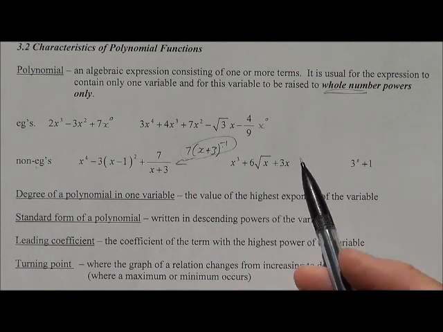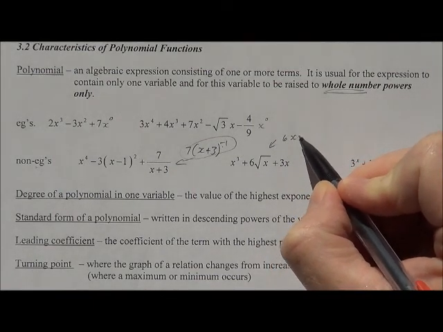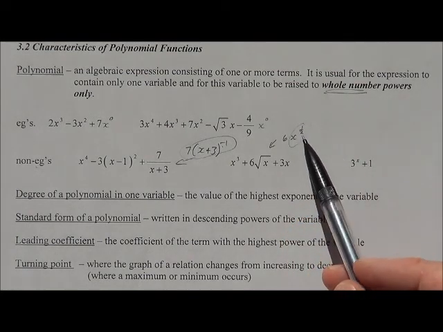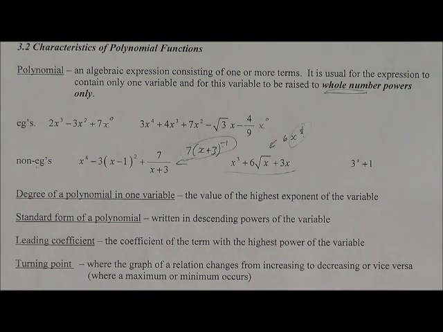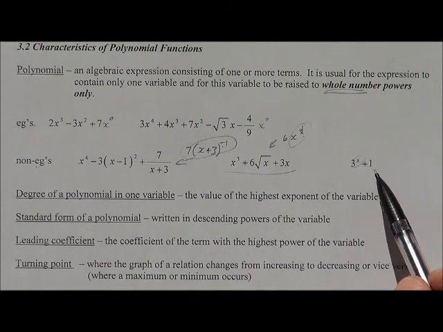And in this case, the second term, another way of writing that term would be 6x to the 1/2. Again, not a whole number power, so that would not be an example of a polynomial. And in this case here, that's an exponential, and because the x is in the exponent, that's also a non-example of a polynomial.